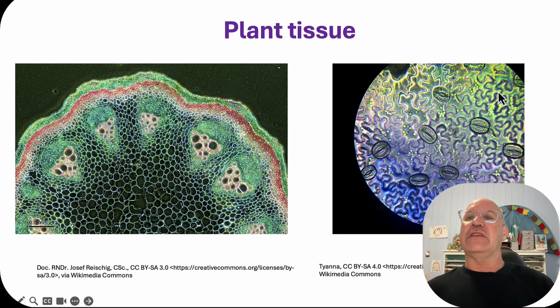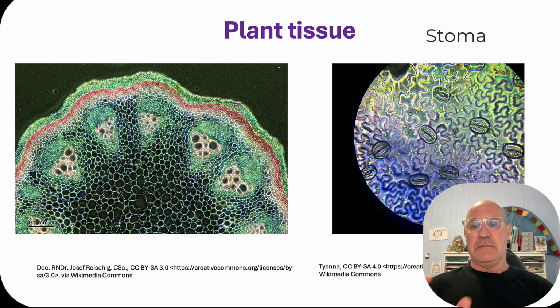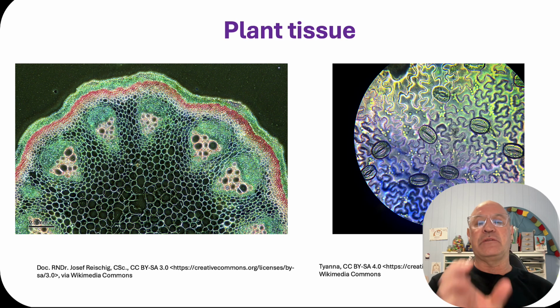And this here is the underside of a leaf, and we can see on the lower epidermis these things called guard cells that control a hole called the stoma. So again, we've got very specialized cells and tissue in the plant where they have specific functions.